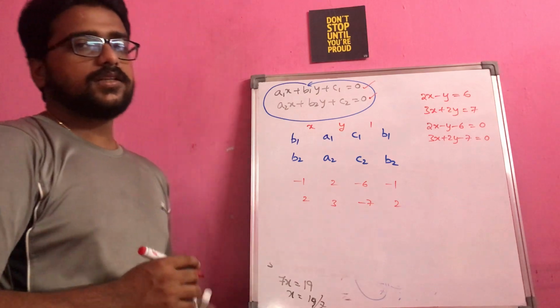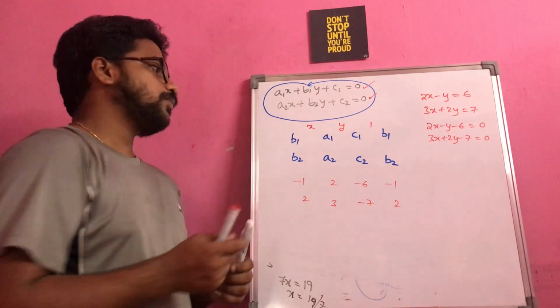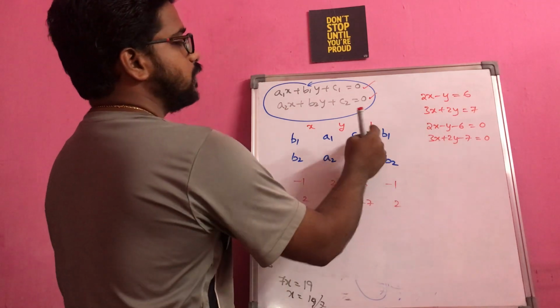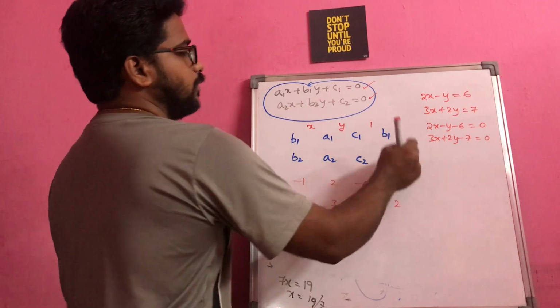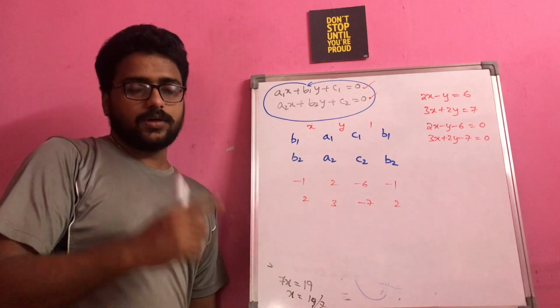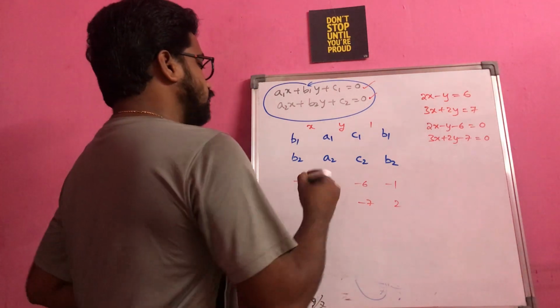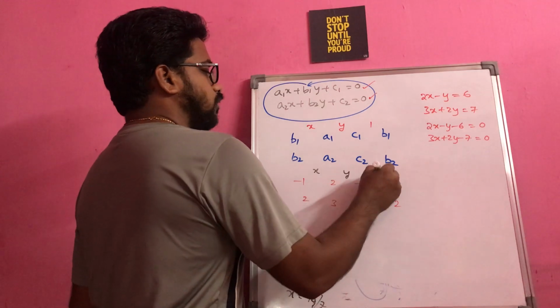These are the coefficients: b1, b2 represent the y coefficients, a1, a2 the x coefficients, and c1, c2 the constants. So you have to place x here, y and then the constant.